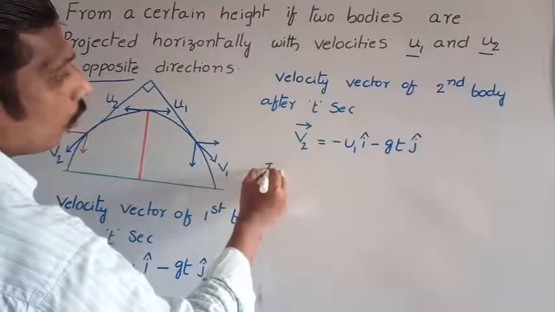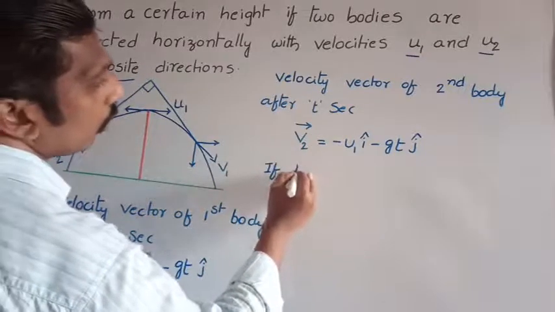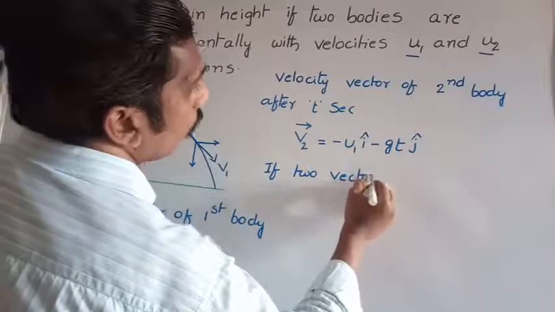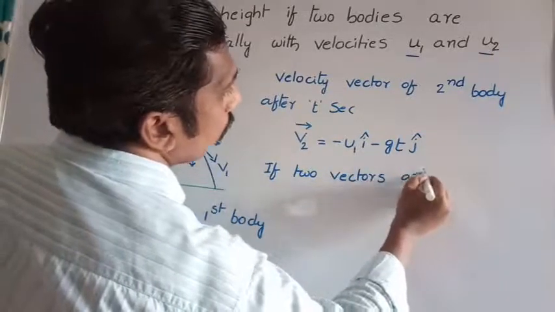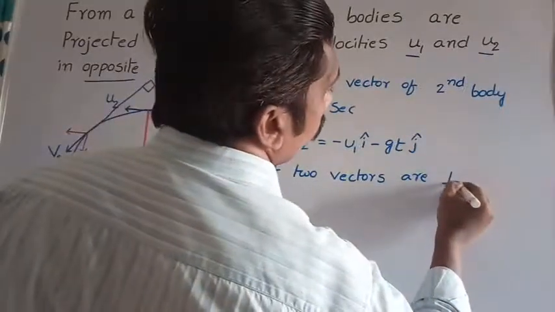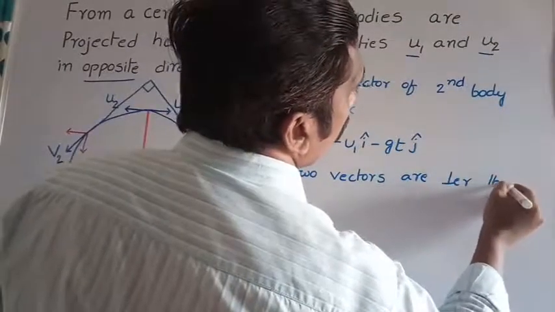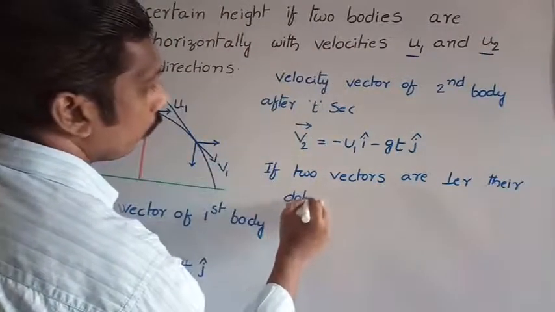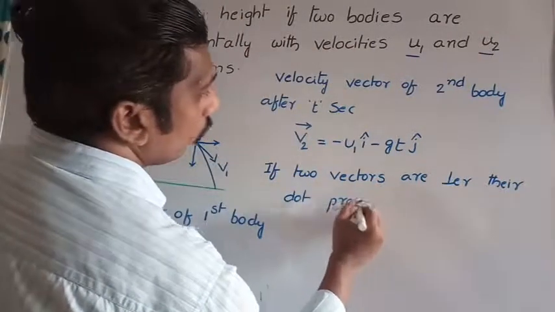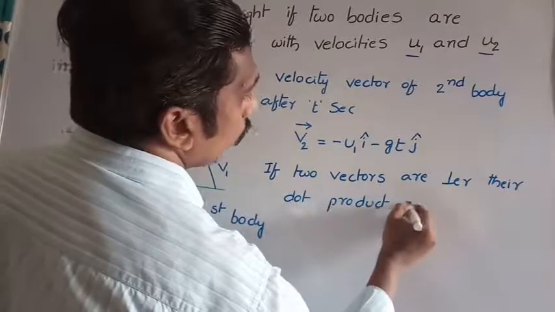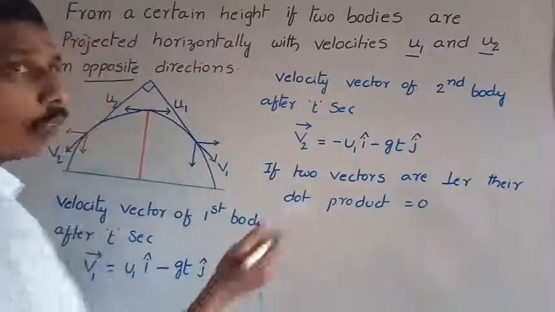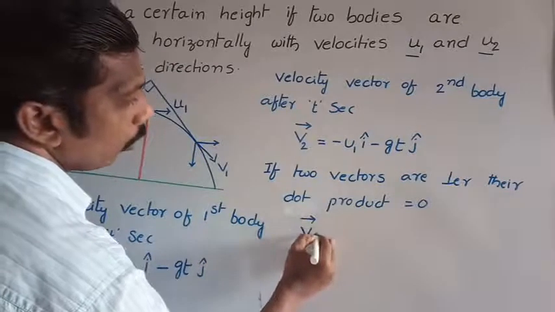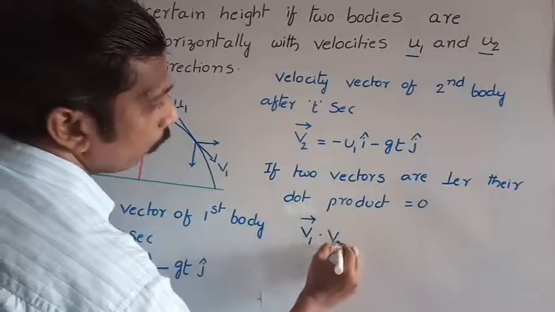Here V1 and V2 are perpendicular, so V1 bar dot V2 bar is equal to 0.